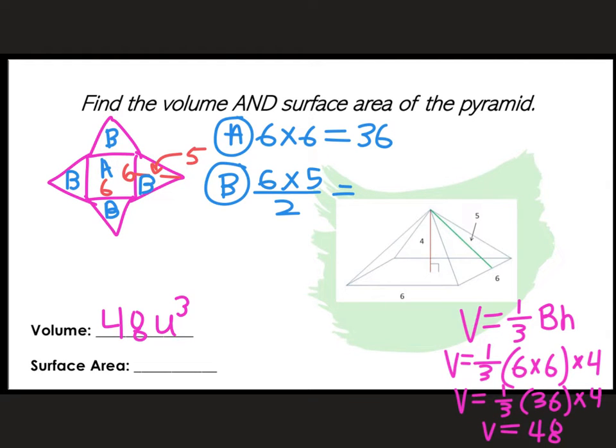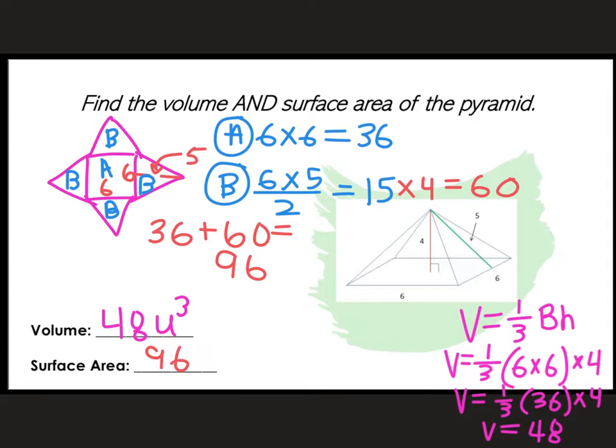Divided by 2 is 15. We have 4 shape Bs, so multiply by 4 to get 60. Add together 36 plus 60 to get a surface area of 96 units squared.